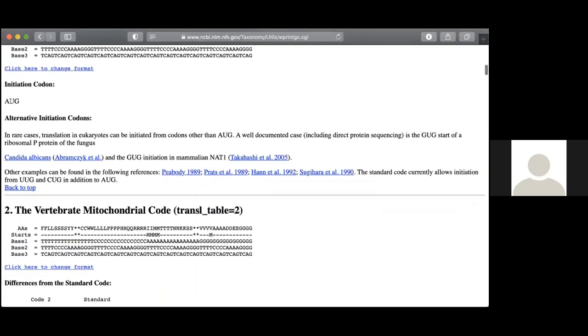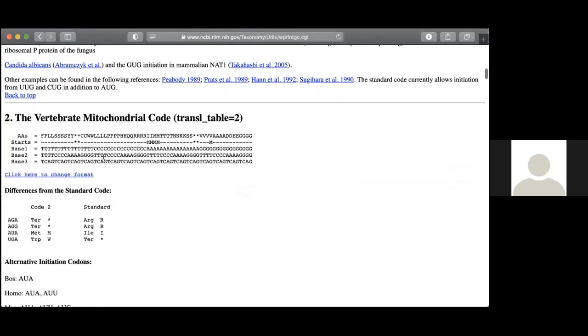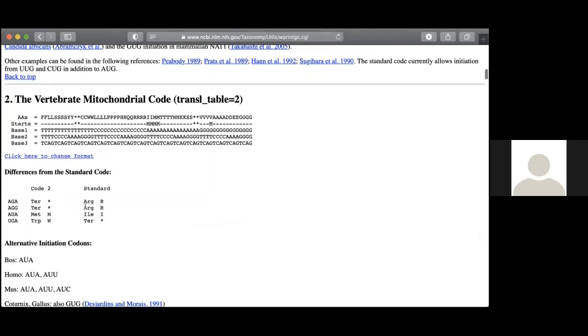AUG is the standard start codon, and for the vertebrate mitochondrial code there is another table, called table 2, which differs from the standard code. For example, AGA codes for a termination codon in code 2, whereas in the standard code it's arginine.